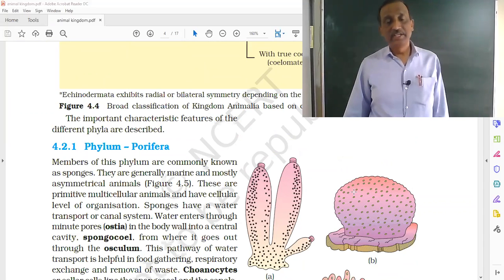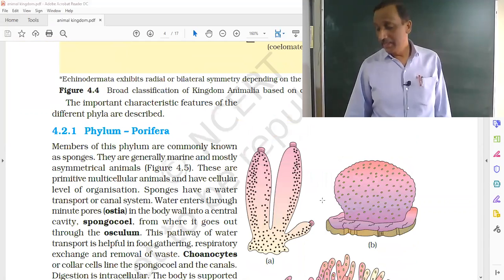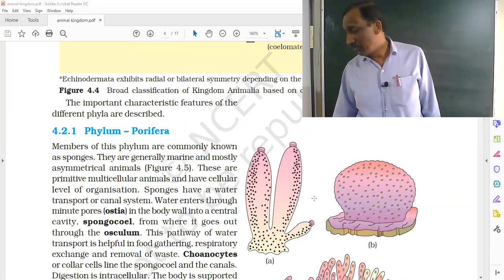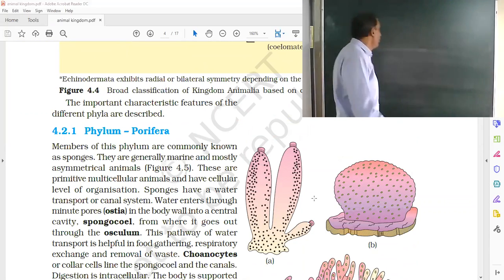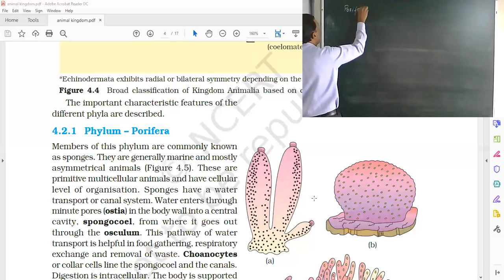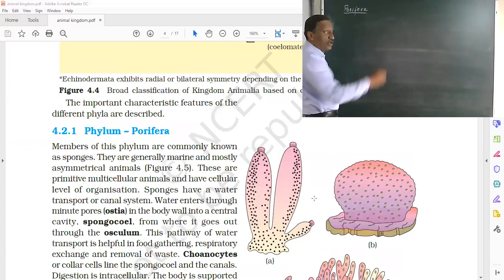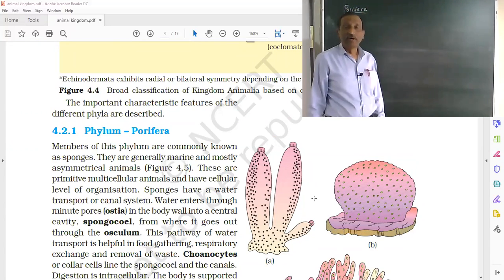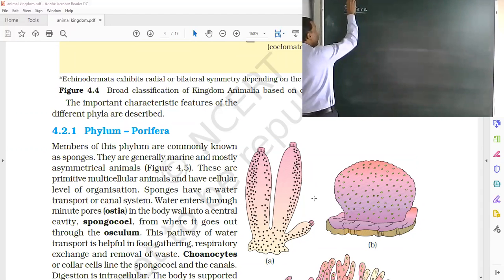Now we shall study Porifera. One by one we start studying them. Porifera. What does Porifera mean? The word Porifera is obtained from porous.